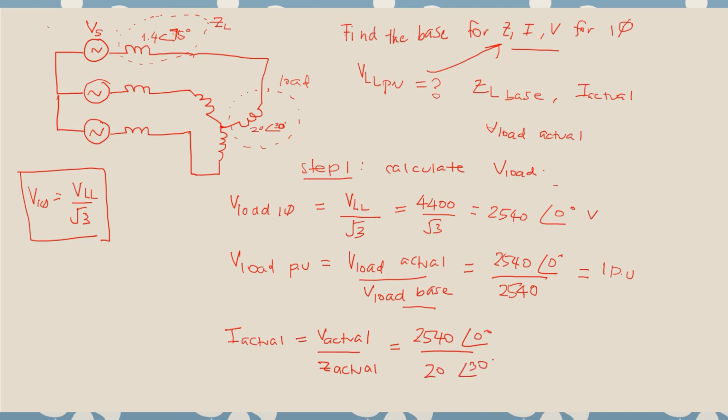This is given in the question. This is the Z load, and this is the V load actual. So after you solve that, you get 127 angle negative 30 ampere.